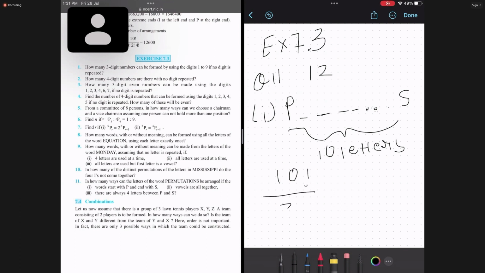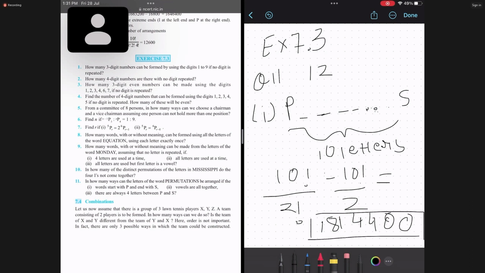So 10 factorial upon 2 factorial, and that is nothing but 10 factorial divided by 2, and that is 1814400. Correct. And that is your answer. These are the number of different permutations that are possible when the word starts with P and ends with S. Correct. Moving on to the second part.